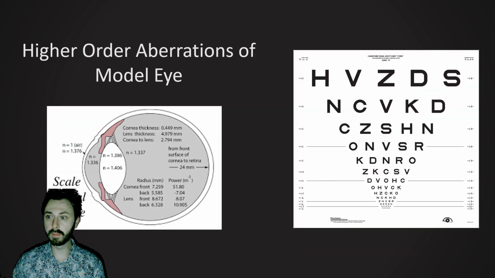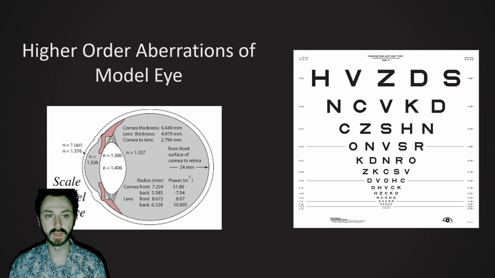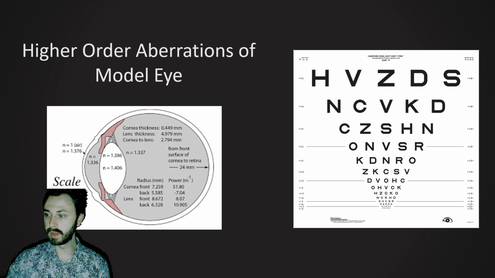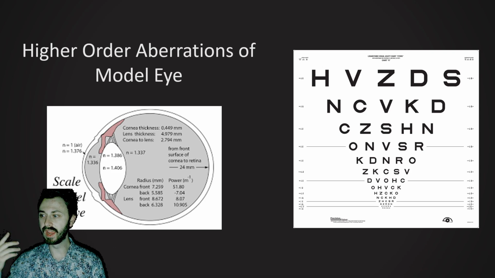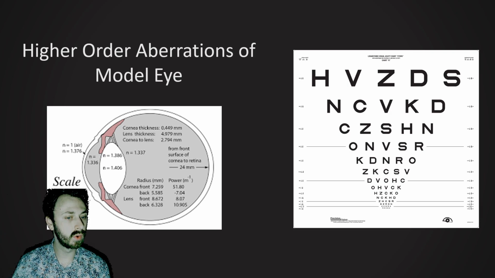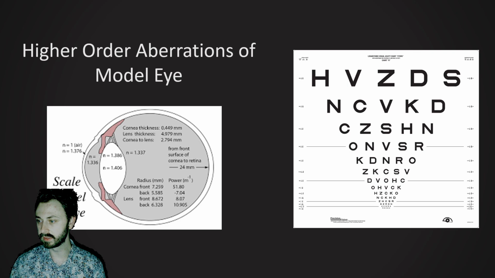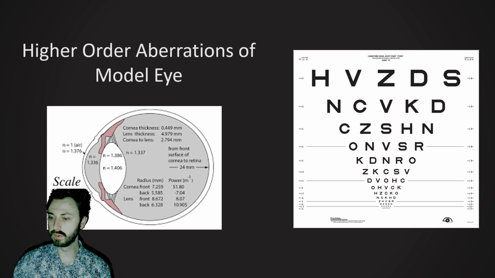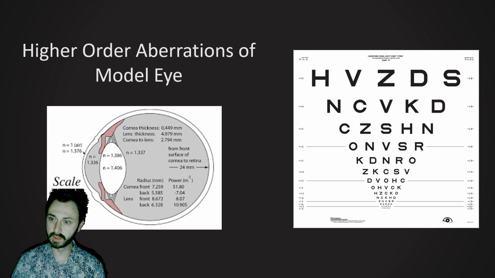I just want to show a couple different demonstrations of how this concept can affect patients' vision. So if we take a model eye, if it matches up with every single measurement on this scale, and all of the surfaces are perfectly transparent and all of them are perfectly refractive, we would see this visual acuity chart very, very well, all the way down to the bottom, crystal clear.